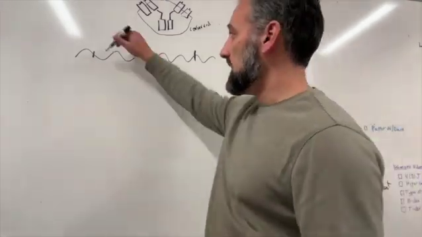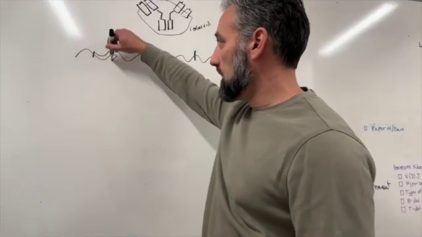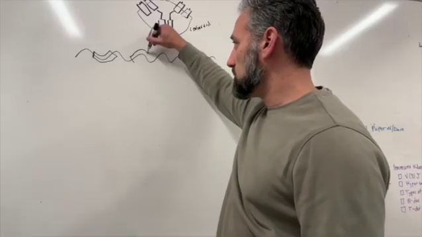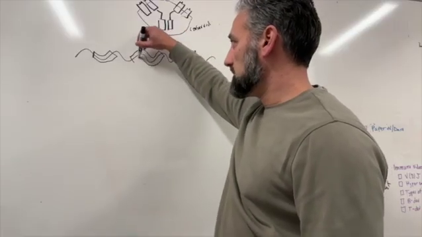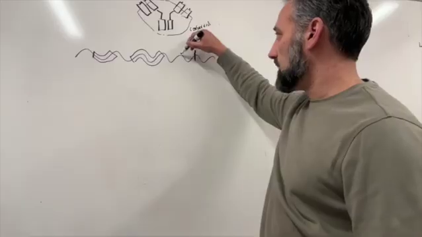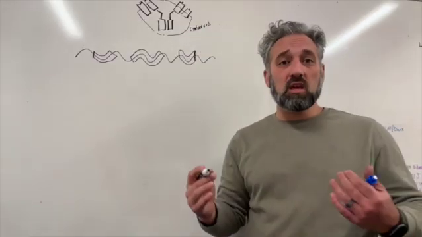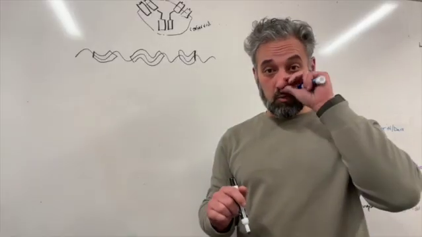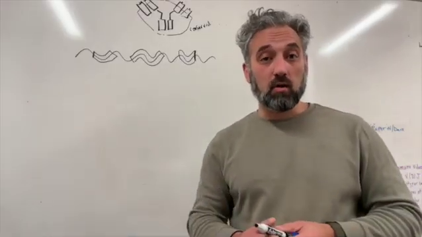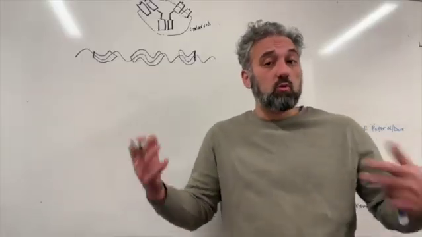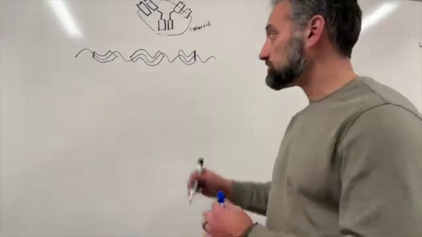Within this DNA, there are going to be chunks that are introns and chunks that are exons. The introns are going to be the junk DNA in between, the untranslated parts, the parts of the DNA that we really don't know about or don't really care about for that matter.